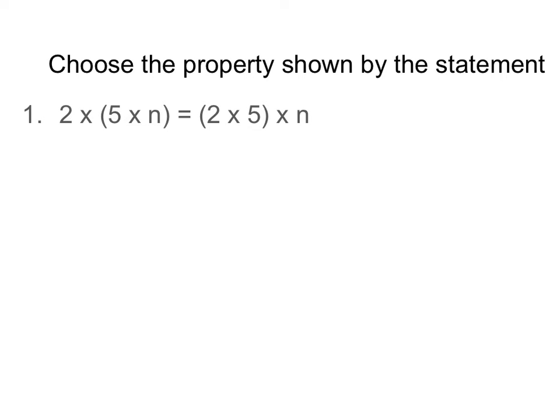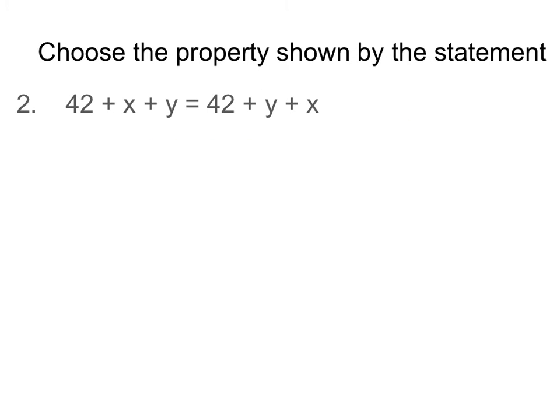All right, here's our first example. We need to choose the property that is shown by the statement. So we need to look in here and see what property it is. I see that it says 2 times 5 times n and 2 times 5 times n. So the grouping is different. So because the grouping is different, that means that it is the associative property of multiplication.